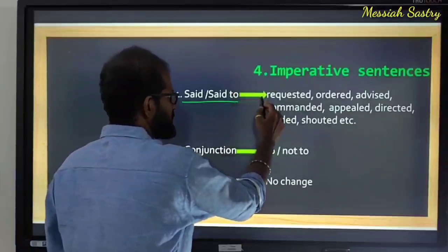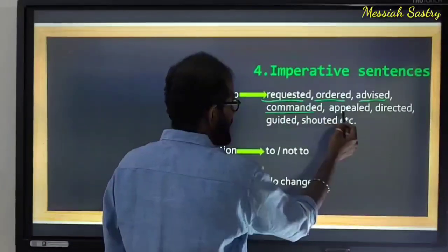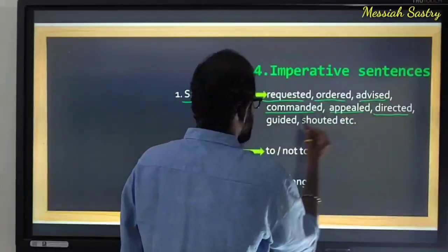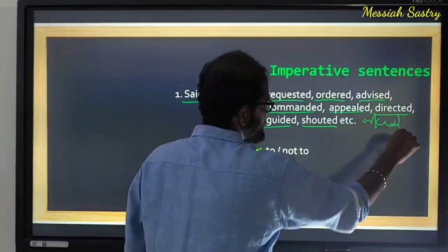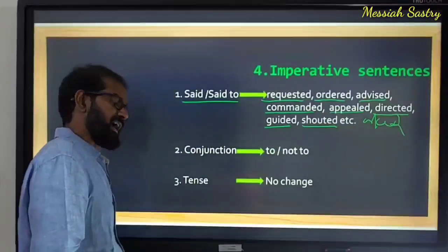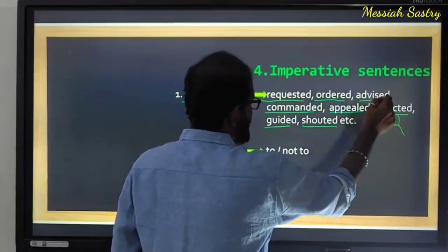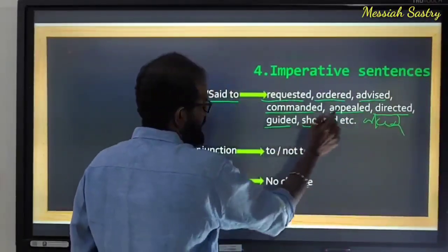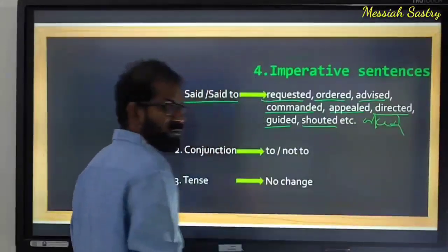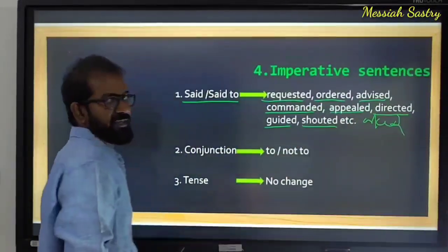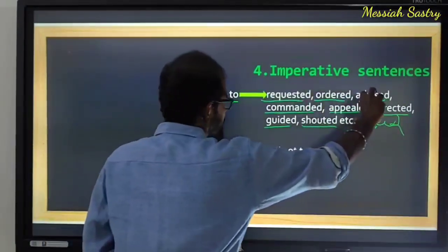Said or said to changes to requested, ordered, advised, commanded, appealed, directed, guided, shouted, or even asked. Whatever is related to the given sentence, we need to use.